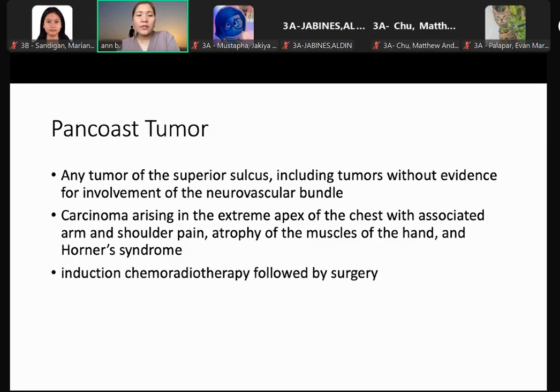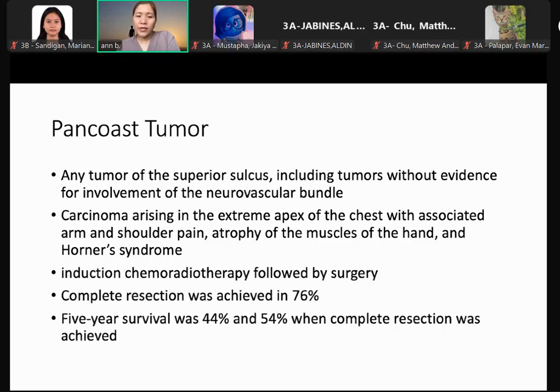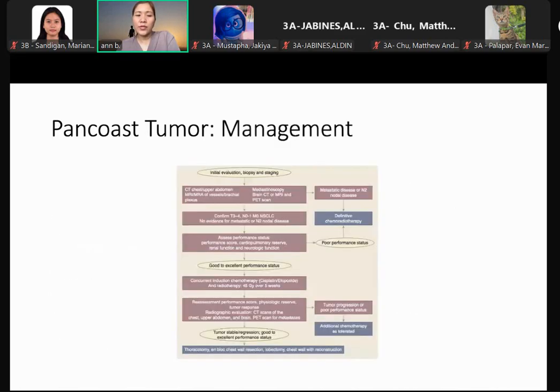For Pancoast tumor, induction chemotherapy followed by surgery is the management of choice, with complete resection achieved in 76%. Five-year survival was 44 to 54% when complete resection was achieved. Again, this is just nice-to-know management for Pancoast tumor.